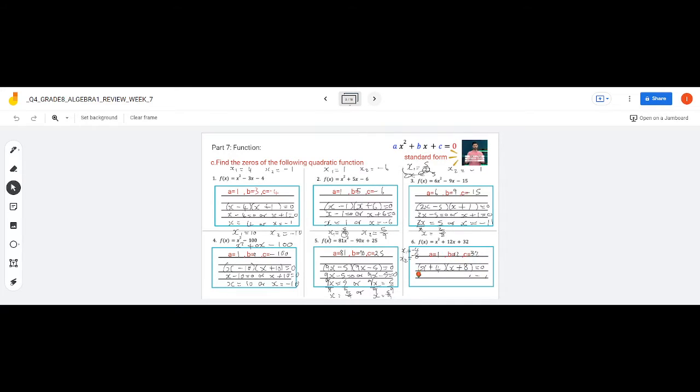So x plus 4 equals 0, or x plus 8 equals 0, and now x is equal to negative 4, or x equals negative 8.